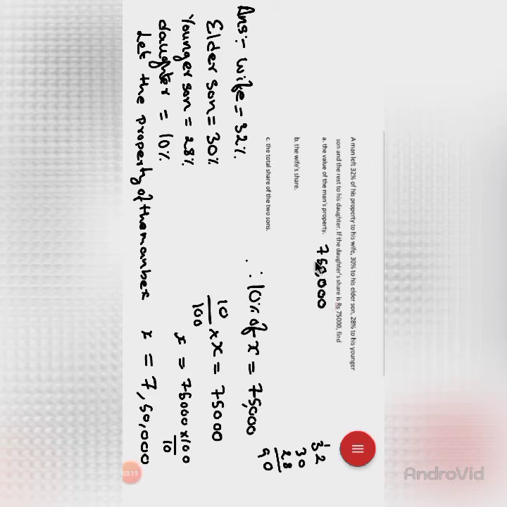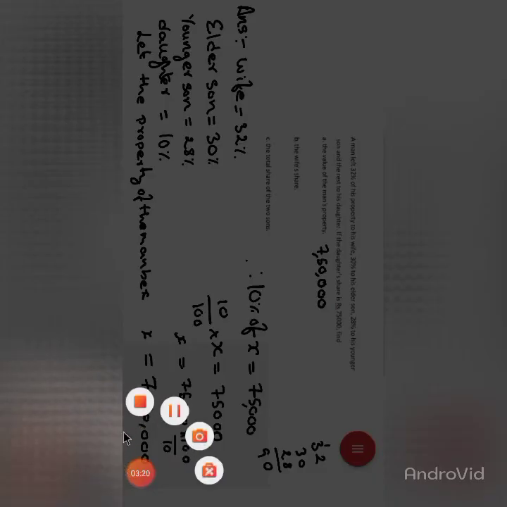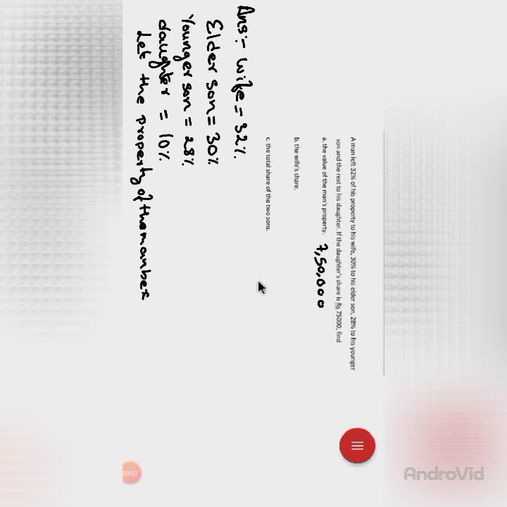So our first answer is the value of the man's property is 7,50,000. Now we have to find out the wife's share. So the wife received 32% of 7,50,000.